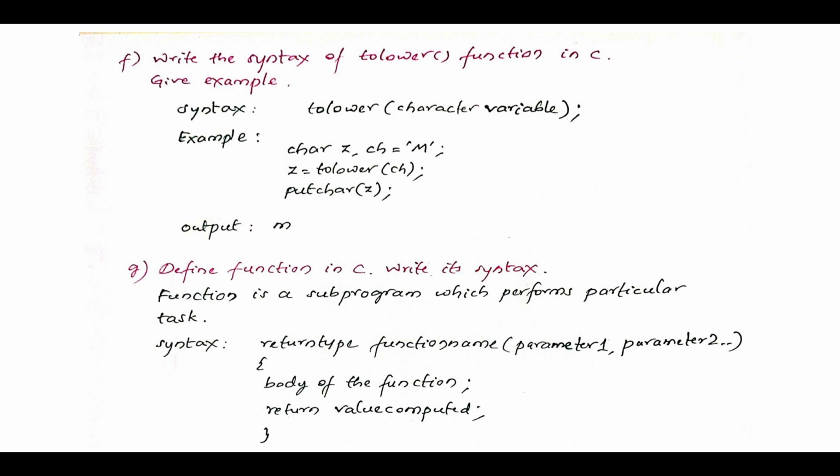You can see one of the examples where we have the capital M, and after using the toLower function it has been converted into small m.